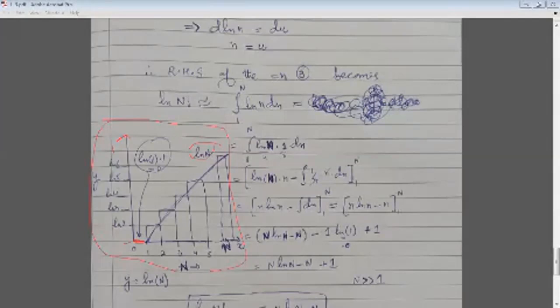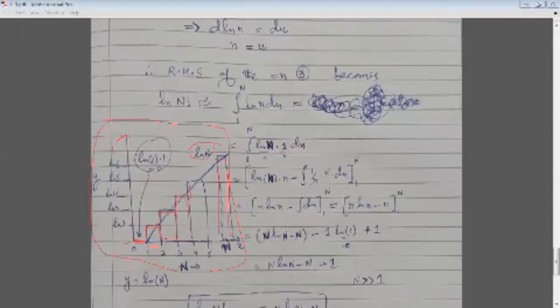Now ln of 2 multiplied by this one unit will be equal to ln of 2, so its area will be this much. Similarly, ln of 3 multiplied by again one unit gives this much area under this bar. Similarly, ln of 4, and so on up to ln of n.